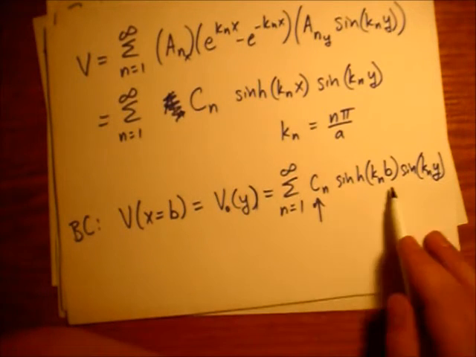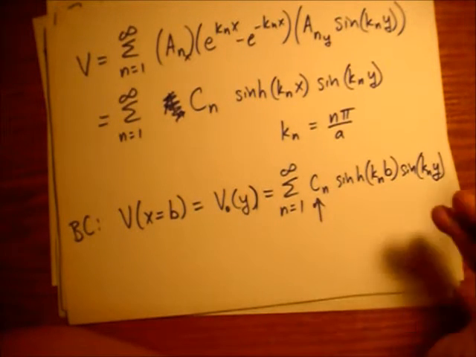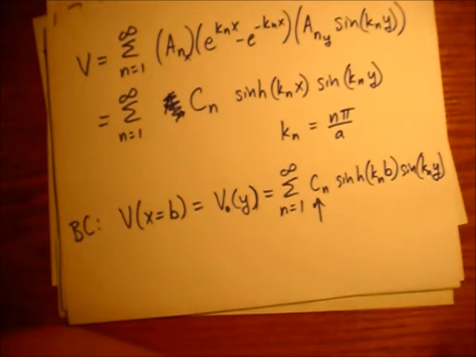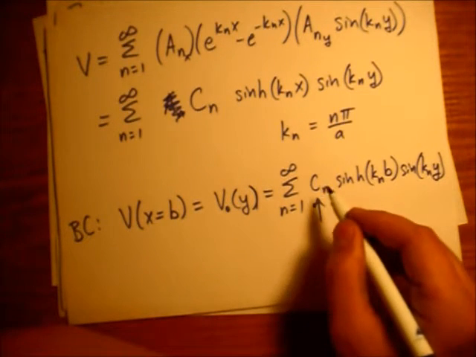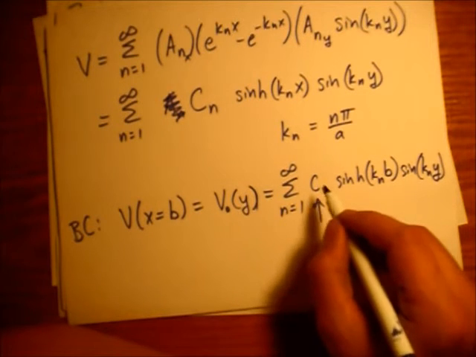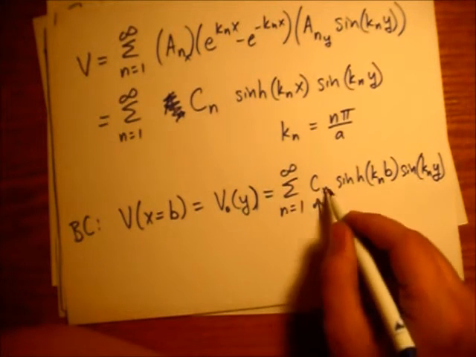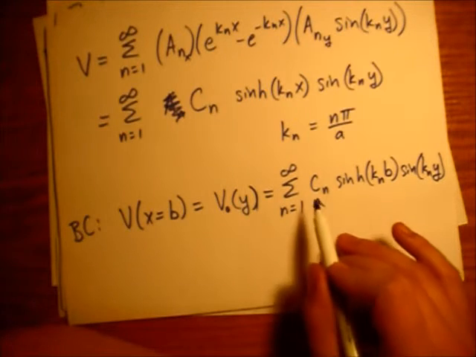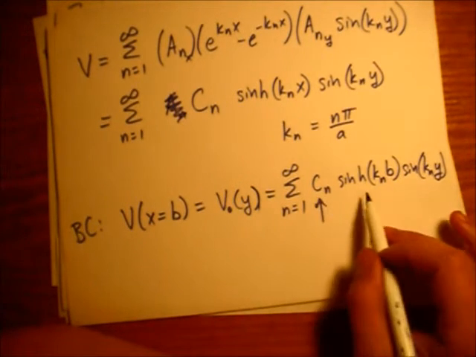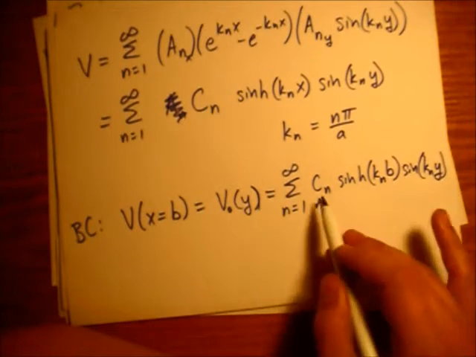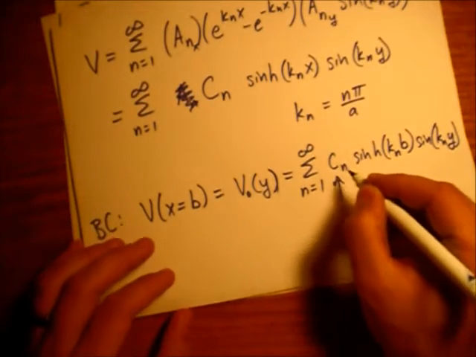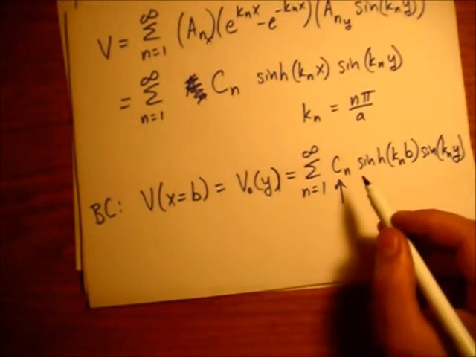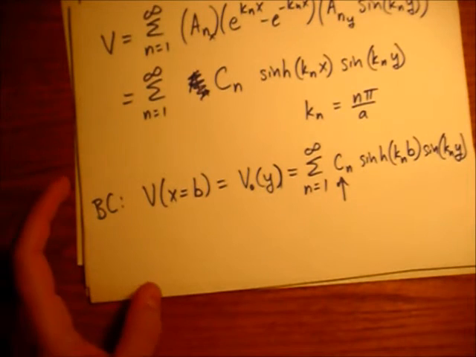So this is an infinite sum of these terms, and they are all separate and orthogonal, and they each have this n dependence, and they each have a coefficient in front. We need to know how do we find those coefficients? How do we weight our sum of these terms? So what we're actually solving for here is the c sub n. That's what we're using this final boundary condition for.